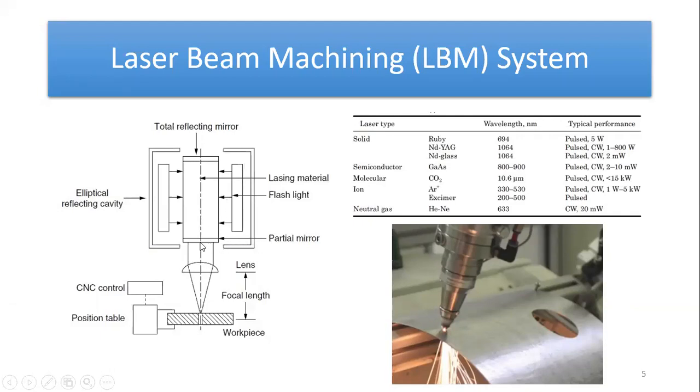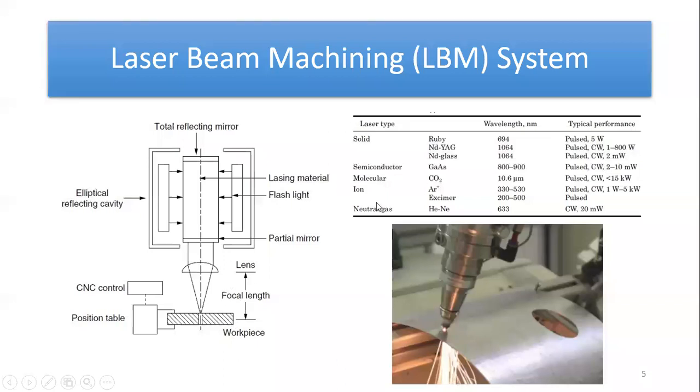This is a partial reflecting mirror, so some of the light will pass through. This one reflects 100% of the laser light, and this reflects part of it. This is the focusing mirror, and this is the CNC control position table which moves the table, and from here to here is the focal length.